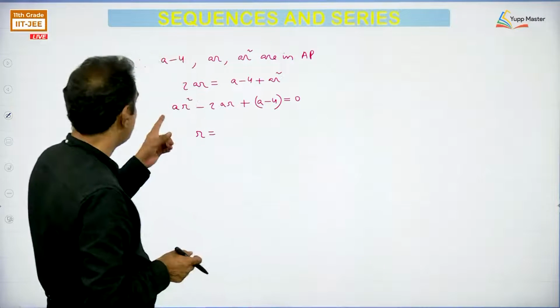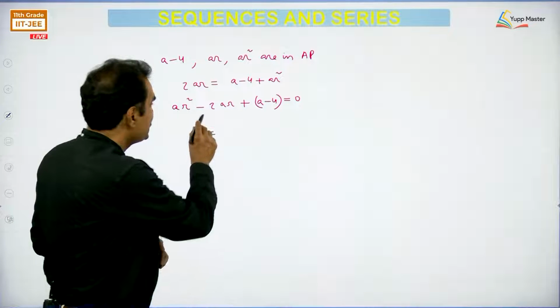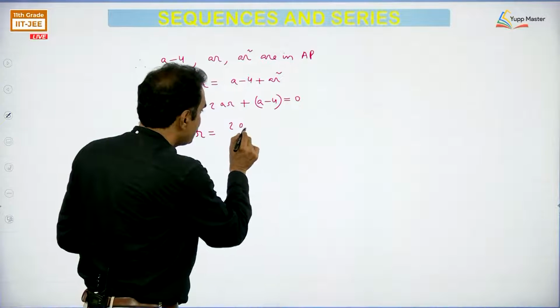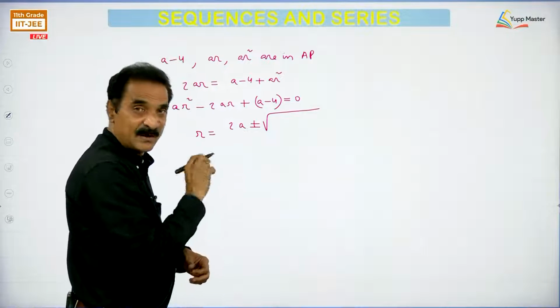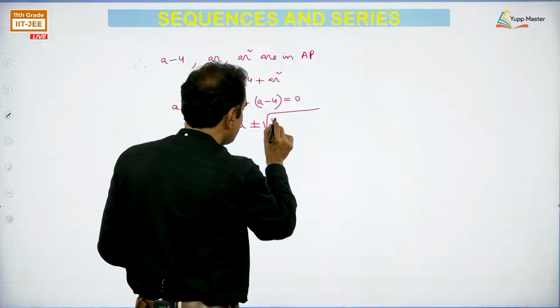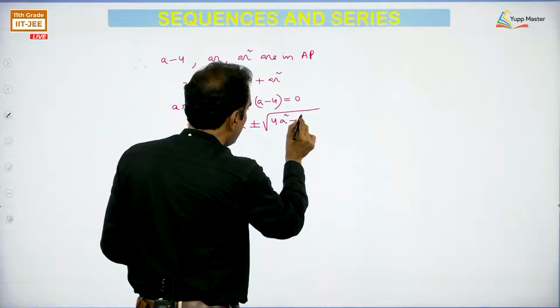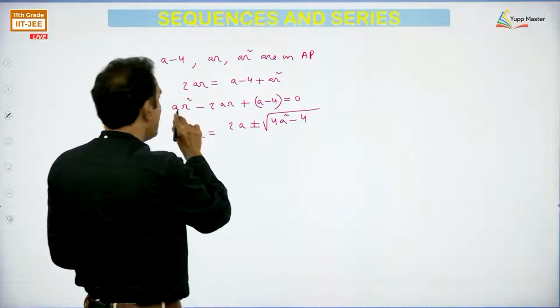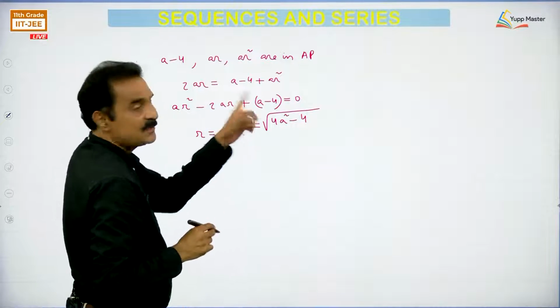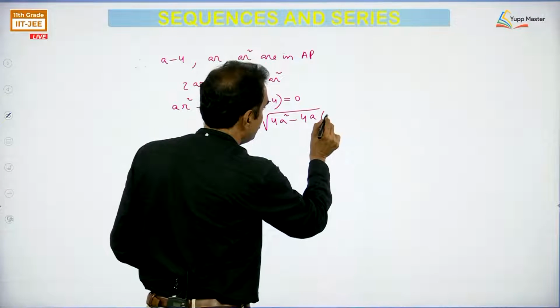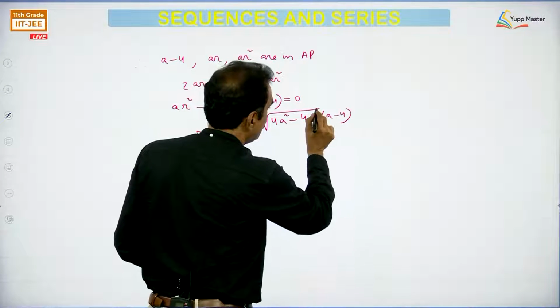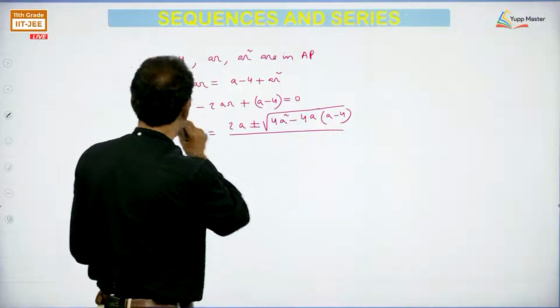So I am going to apply that formula. r is equal to minus b, that means 2a, plus or minus root over b square, that means minus 2a whole square, 4a square, minus 4 into a into c, that is 4a into a minus 4, divided by 2a.